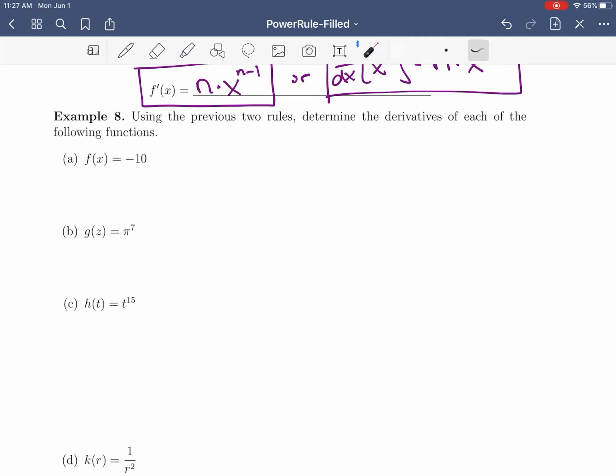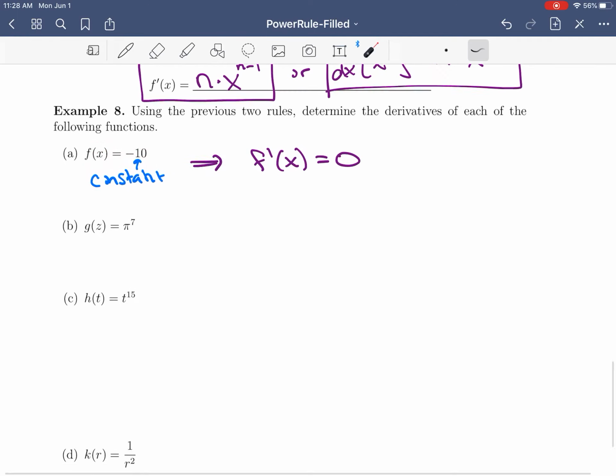So first of all, our function f of x equals negative 10. Negative 10 is a constant. So that means that we can use the constant rule and immediately say that the derivative here is 0. The variable is x, and there's no x's here. That's just a constant.